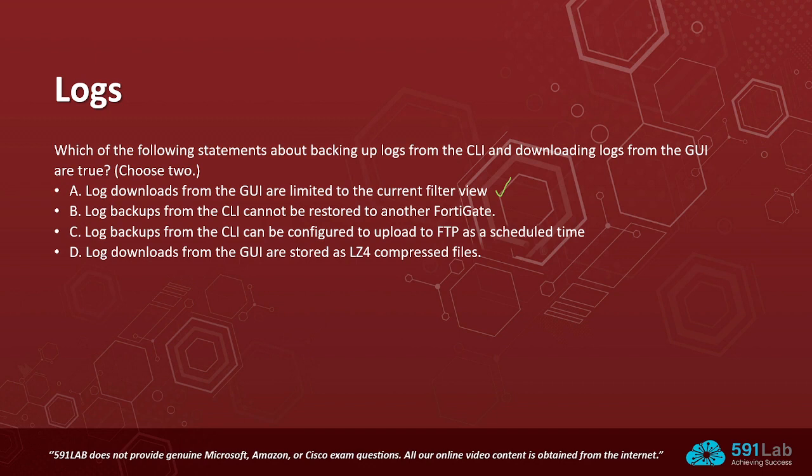And option B, the logs cannot be restored to another FortiGate, is true. This one, you can schedule the logs to upload at a scheduled time. And the compressed files are not downloaded as NSE4 compressed files.